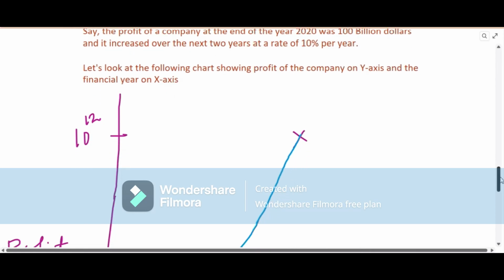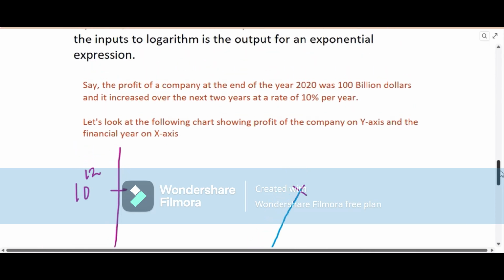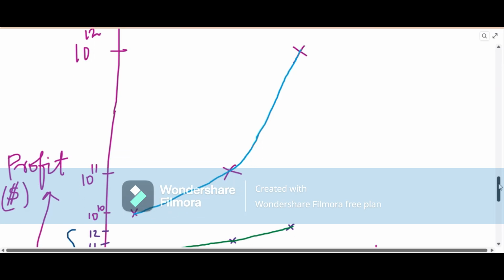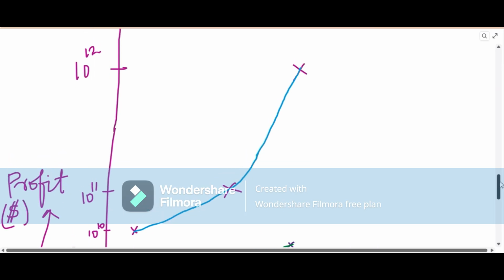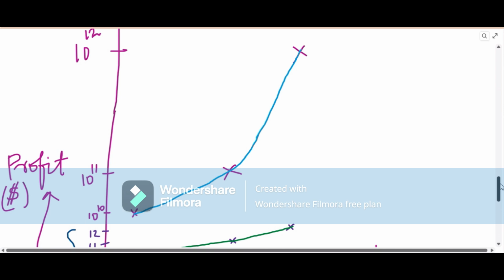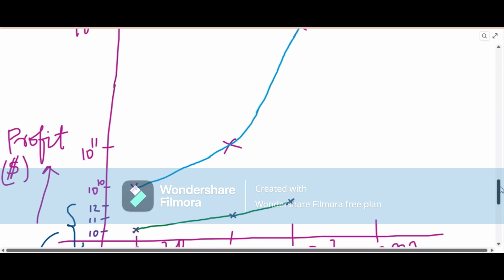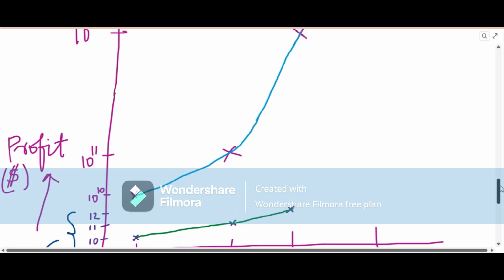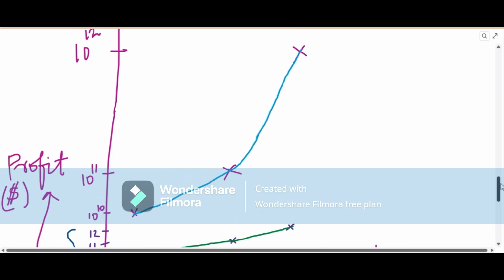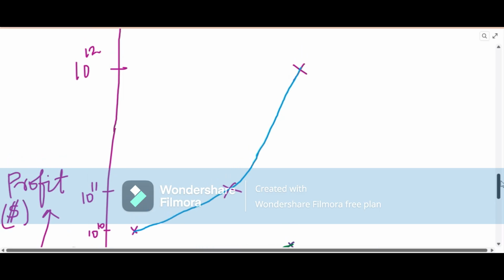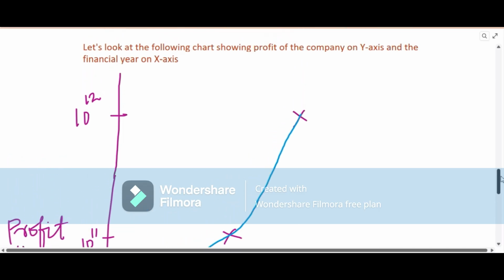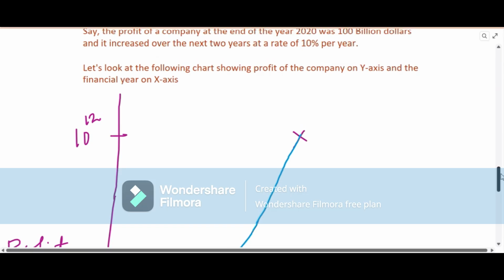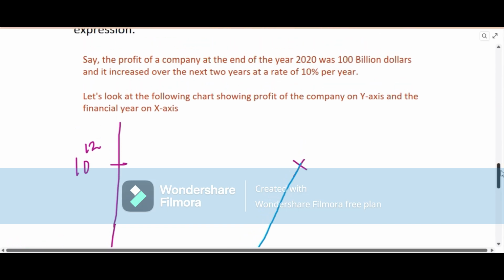Here are a few examples where a logarithmic expression can be used. For example, you're having a chart where you want to express the large profits that you have gained, which are in the order of 10 to the power 10 dollars. You want to represent it year-wise: what was your profit for each year and how your company has done.